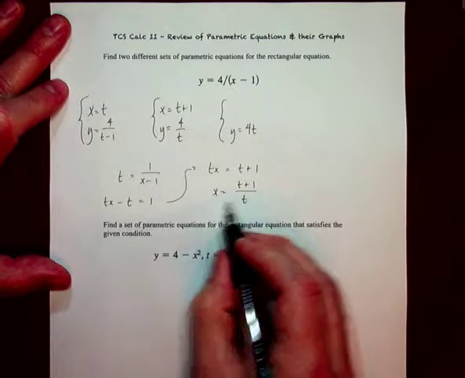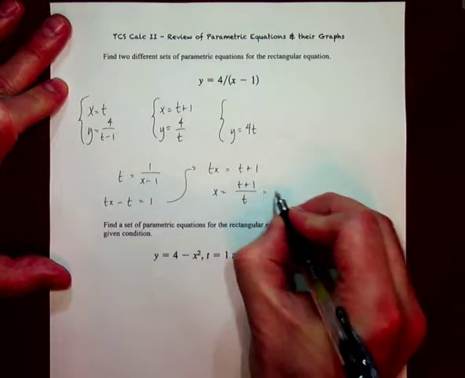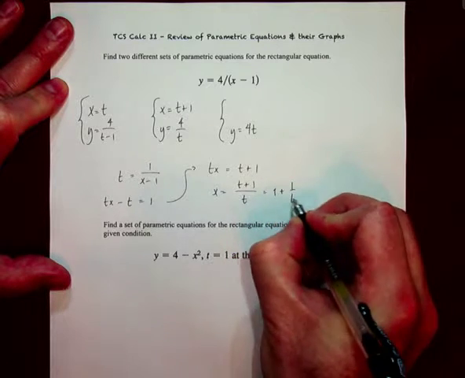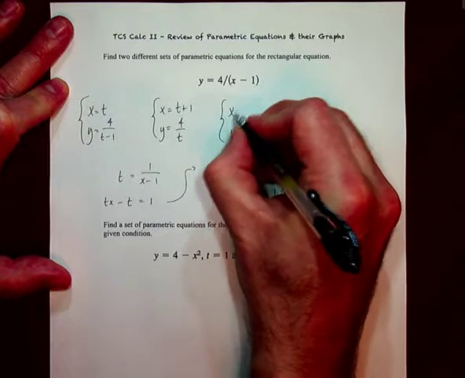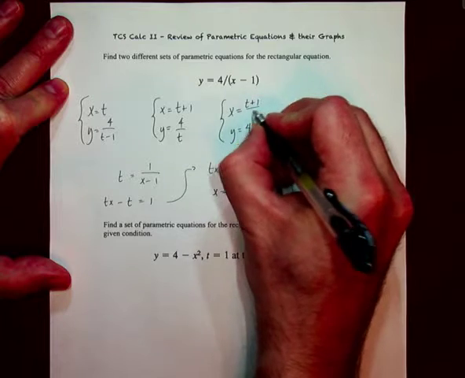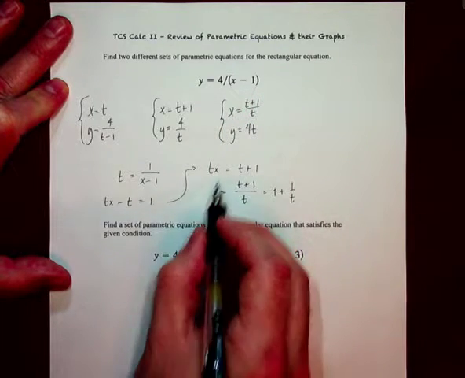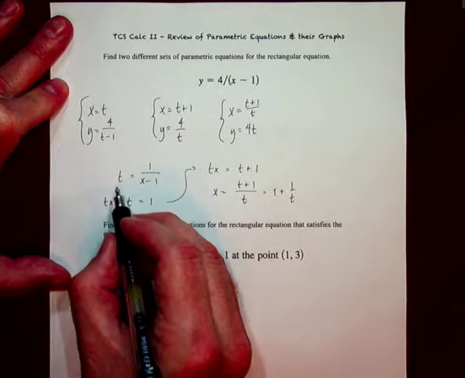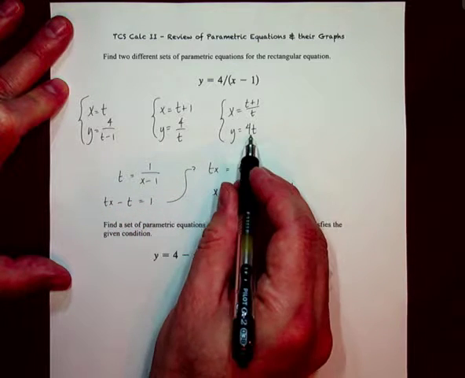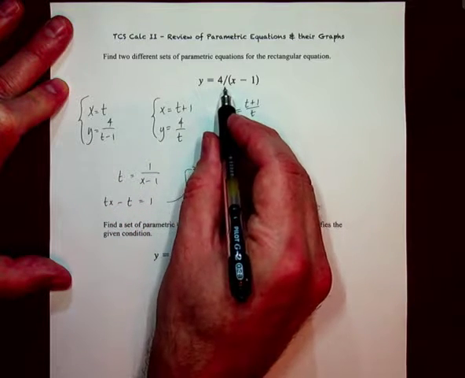And if x is equal to t plus 1 over t, or you can separate the fraction, then of course you would work backwards to get t is equal to 1 over x minus 1, and when you plugged it in for t, you would get 4 over x minus 1.